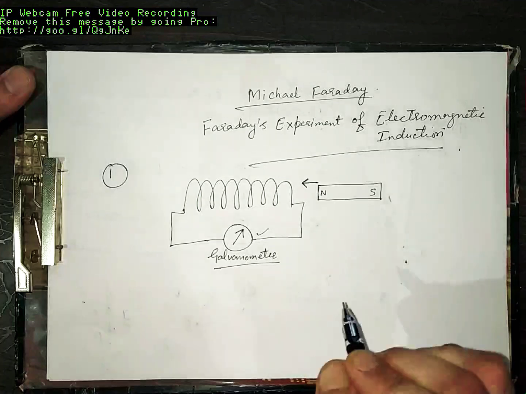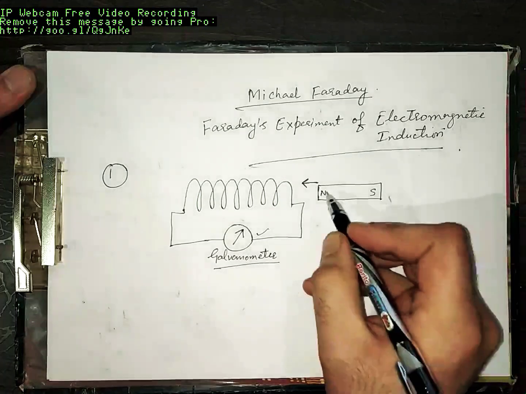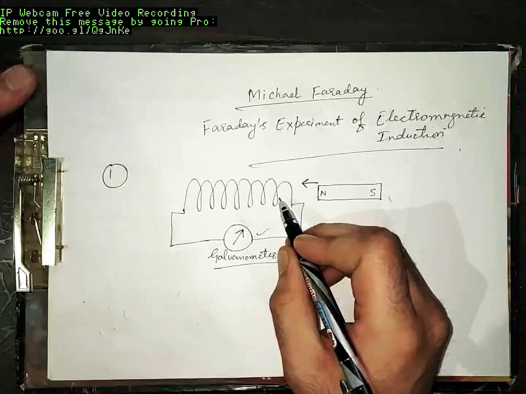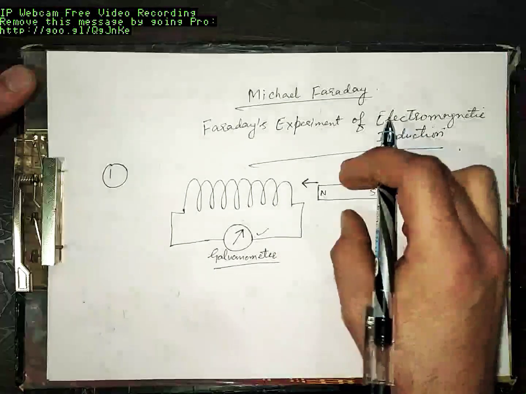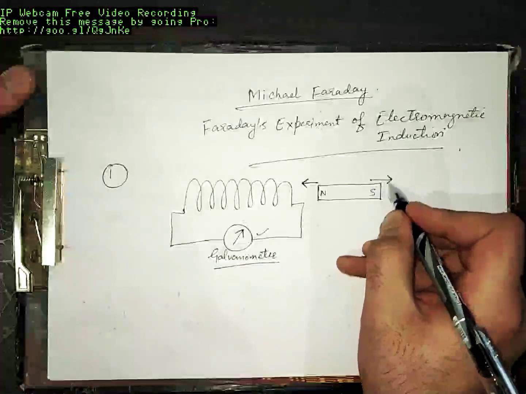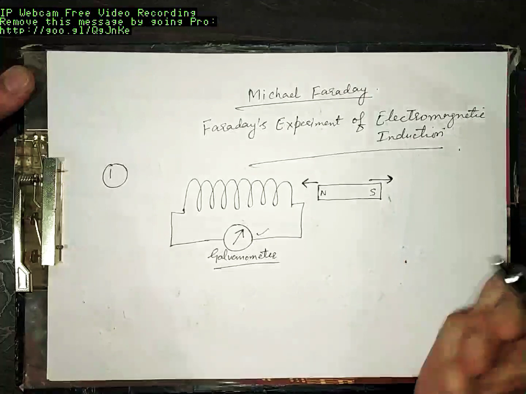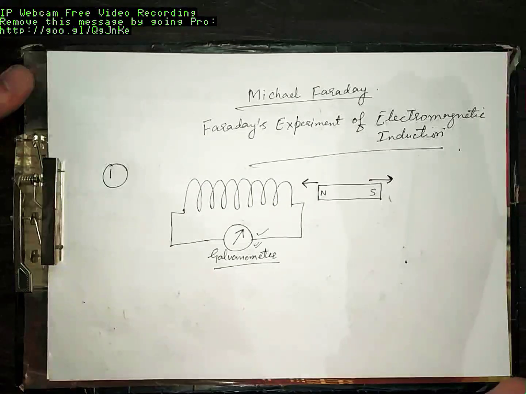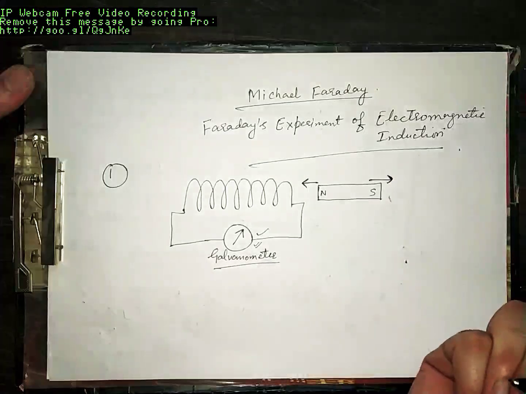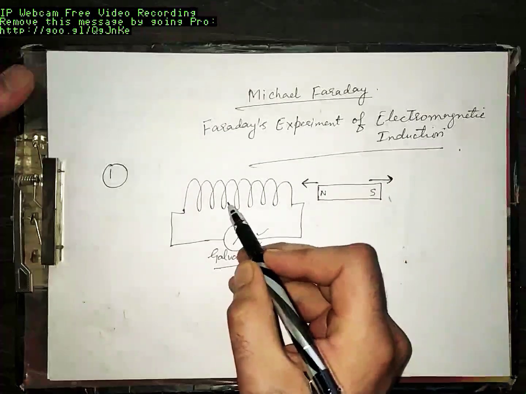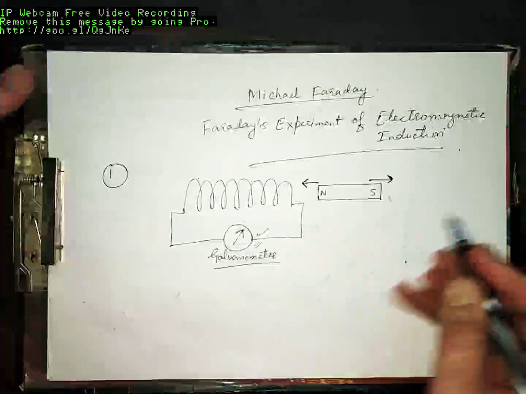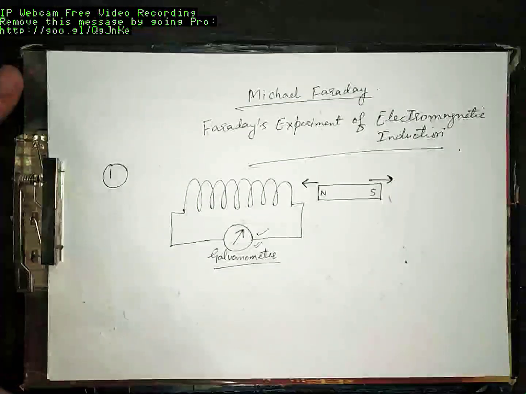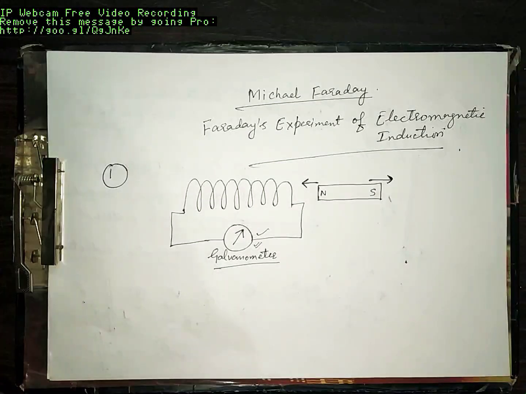Next, this bar magnet was pulled away from the coil in this direction. Again, the galvanometer showed deflection. In either case, the galvanometer showed deflection. This was the first experiment.